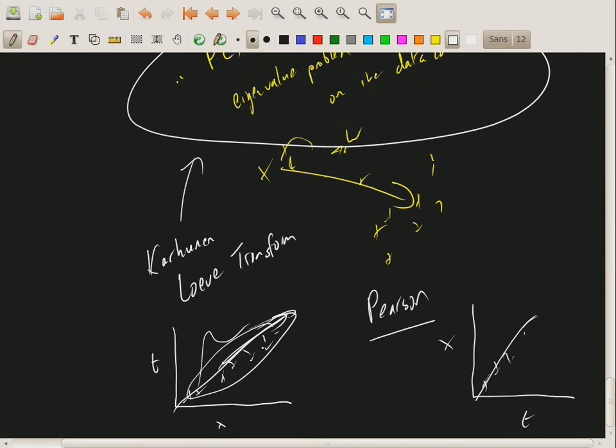Yeah? The proof is in the Journal of the Royal Statistical Society, Series B, by Tipping and Bishop in 1999. Okay? And it's called Probabilistic Principal Component Analysis.